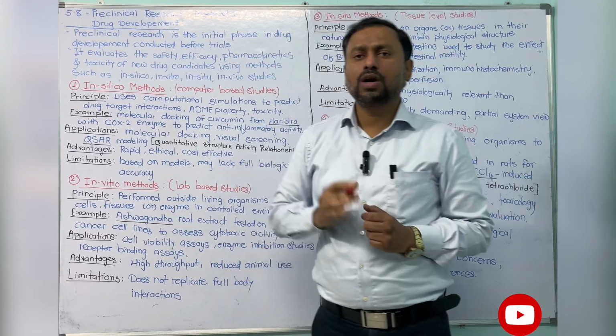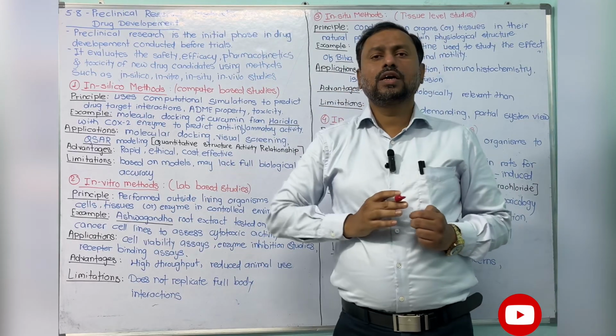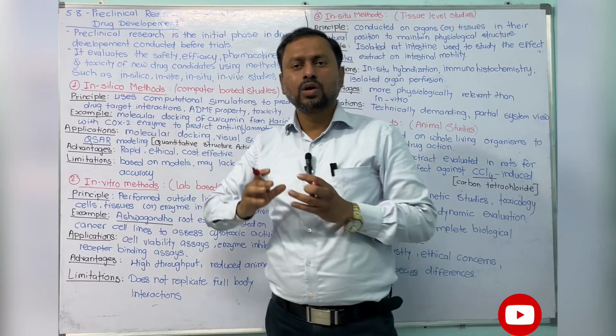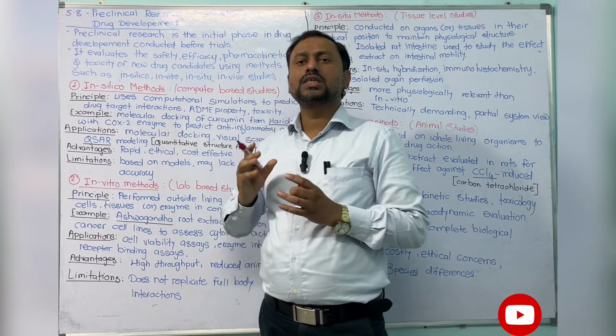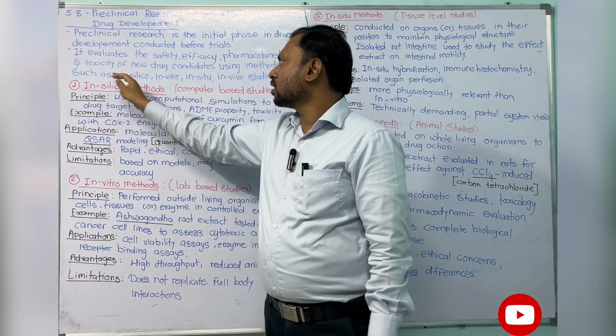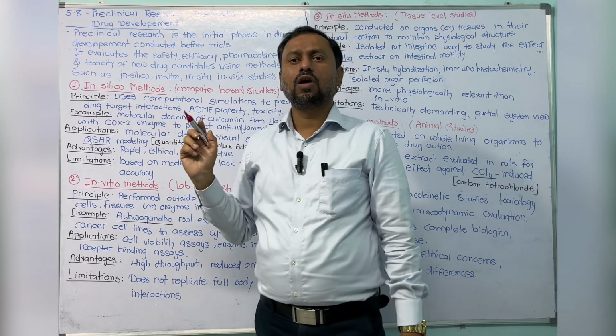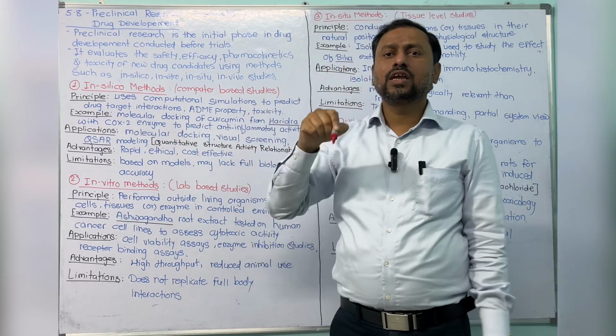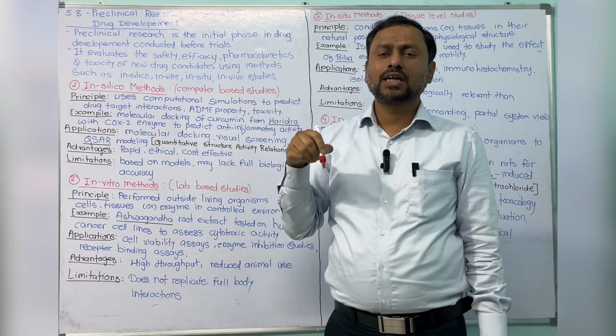Now we'll study one by one, starting with what is meant by the in silico method. The first term is in silico. In silico refers to the computer chip, silicon. In silico is nothing but inside the computer.